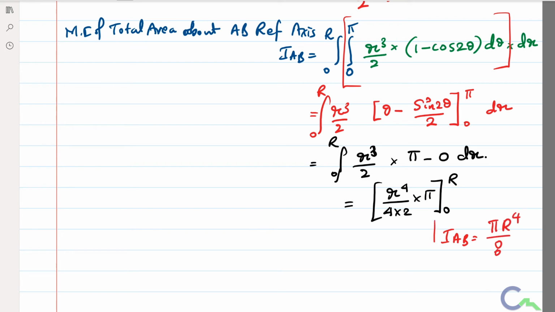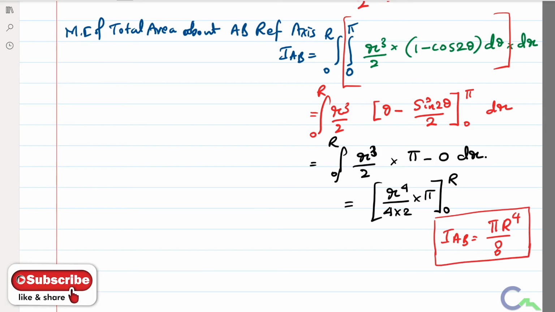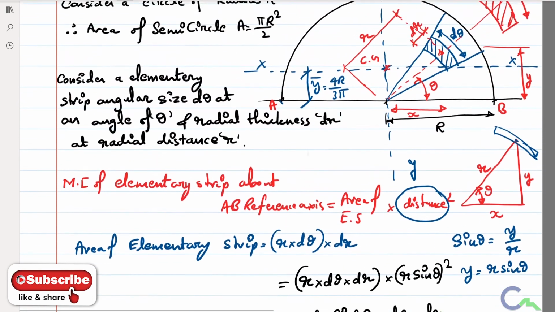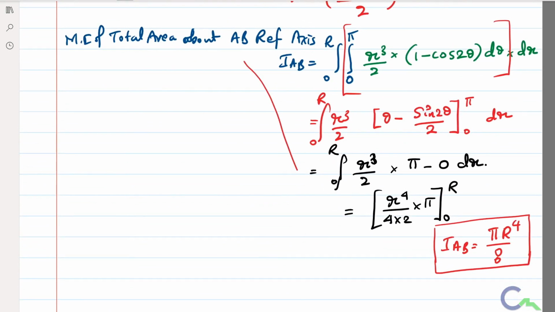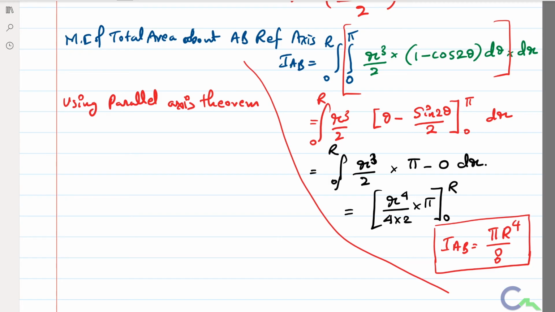So my intention is to find the moment of inertia about the xx axis. By using the parallel axis theorem, I can write the moment of inertia of the reference axis, that is AB, parallel to the centroidal axis, is equal to the moment of inertia about the centroidal axis plus area into the distance between the centroidal axis and the reference axis.